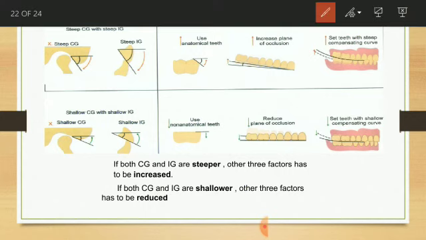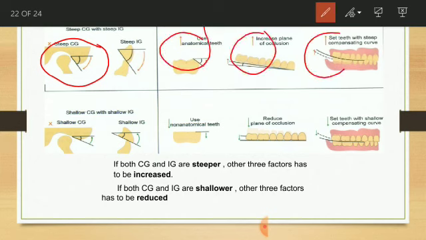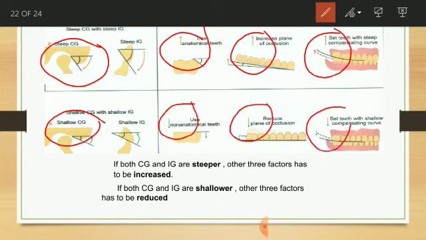The phenomenon is the same. As we know that condylar guidance is directly proportional to the other 3 factors, we need to increase the other 3 factors also. Whereas in the second case, condylar guidance is shallow, so we need to decrease the other 3 factors also.